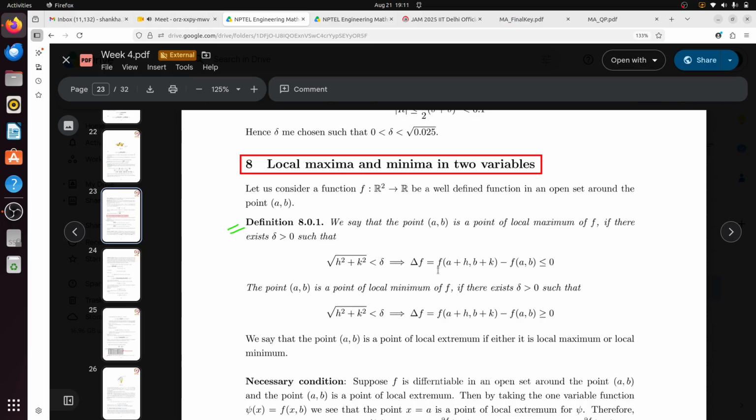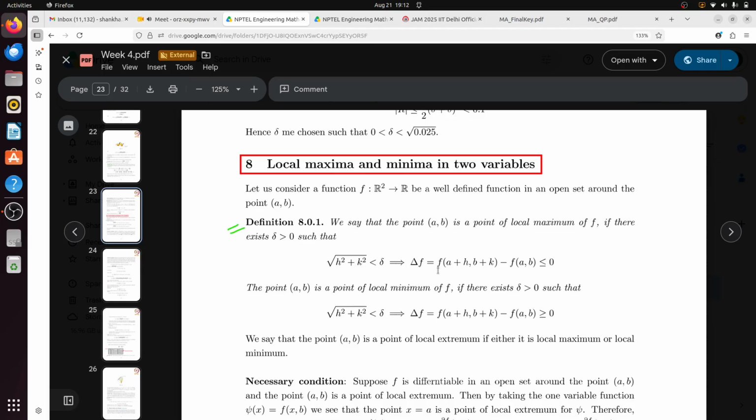Otherwise, if you have some neighborhood of (a,b) such that for any point (x,y) belonging to that neighborhood, f of (x,y) minus f of (a,b) is greater than 0, then (a,b) is a local minimum, and if f of (a,b) minus f(x,y) is greater than 0 for all (x,y), then it is called a local maximum.